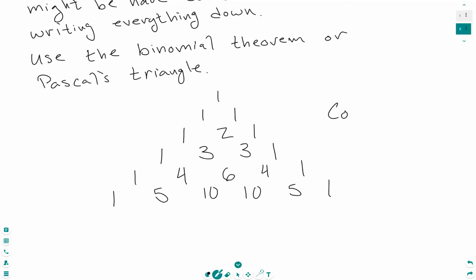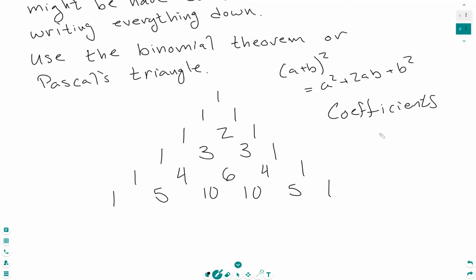These are the coefficients that show up. So when you FOIL, if you have (a plus b) squared, you get a squared plus 2 times ab plus b squared, 1, 2, 1.